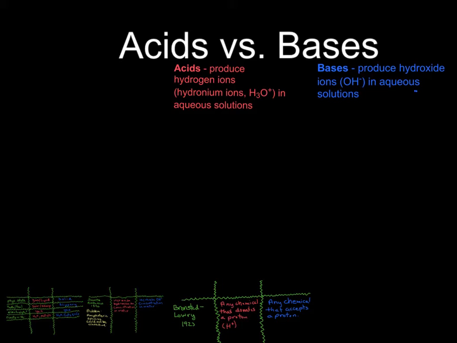Real quick, just to show you, when a hydrogen ion goes into solution and it reacts with water, it forms a hydronium ion. Now, the hydronium ion is not stable, so for the first time all year we see a reversible reaction.